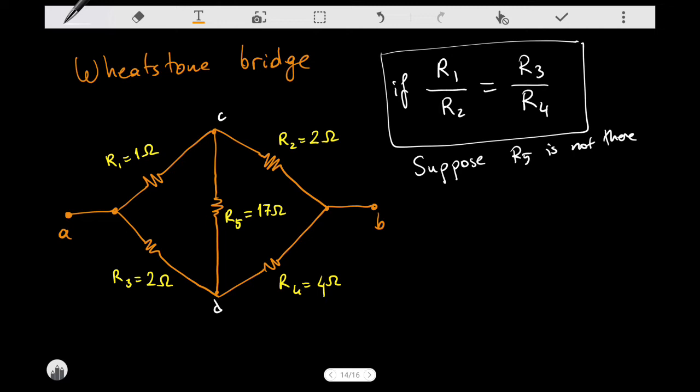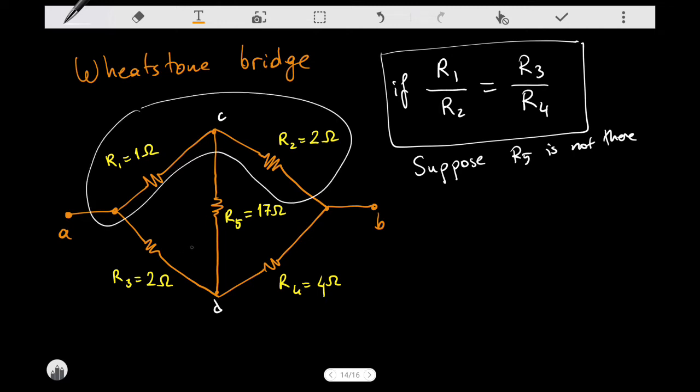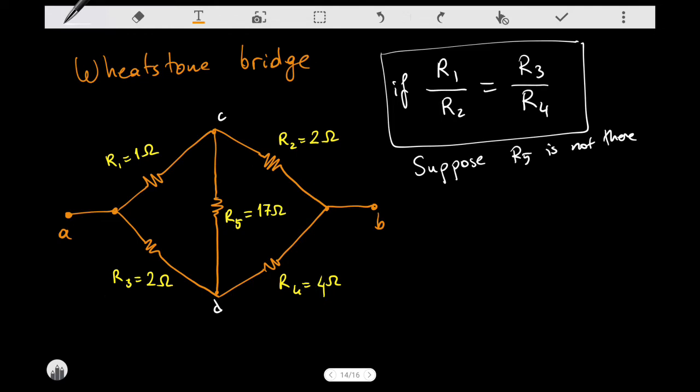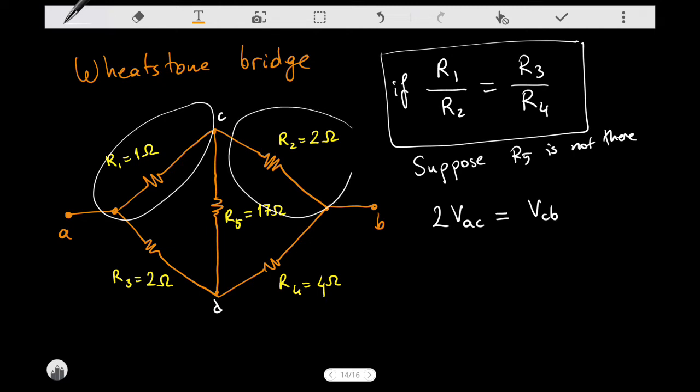so C and D are not connected. Okay, so in that case, what happens is this: I can basically think about this upper branch and the lower branch separately. I notice that because of this resistance ratio being the same, I can say this thing: potential drop in AC is equal to half of the potential drop of CB. So that means I divide the potential difference on AB into 3. One part falls on CA and one part falls on CB.